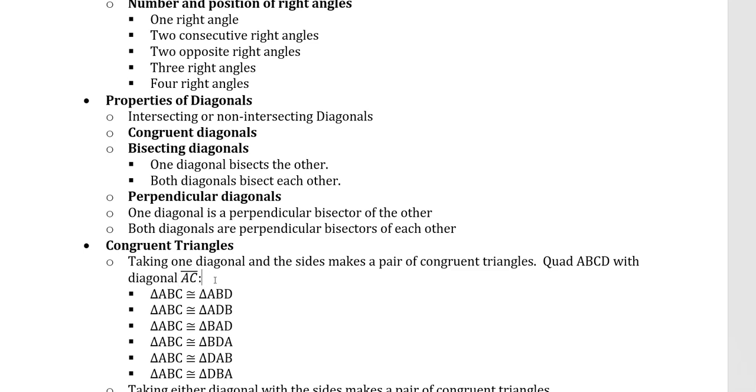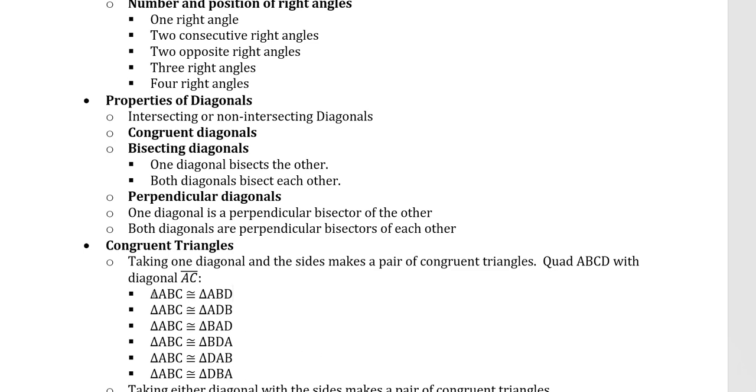Then you're going to have triangle ABC, and then you're going to have a triangle ABD. But because it is a congruence, not just congruent triangles, there are 6 different ways you can make those, corresponding to the 6 different orders of taking the letters A, B, and D.